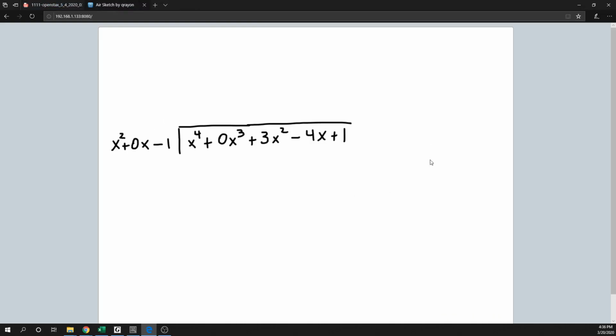Okay, all right, so the first thing I would do is the division step. And again, I'm just looking at this first term over here, and I would ask myself, how many times does x squared go into x to the fourth? Or what would I multiply x squared by to get x to the fourth? And that would be x squared.